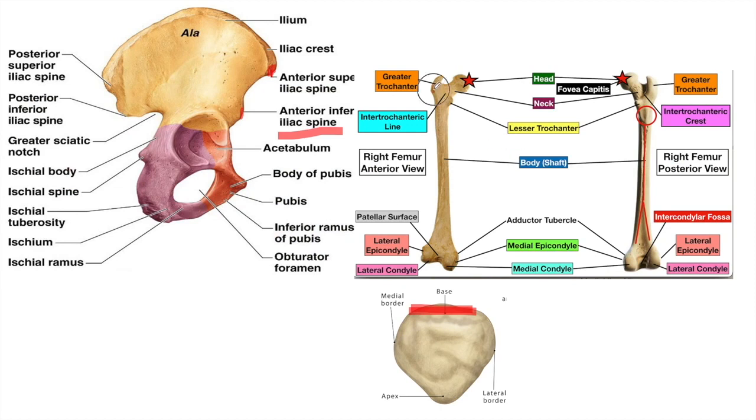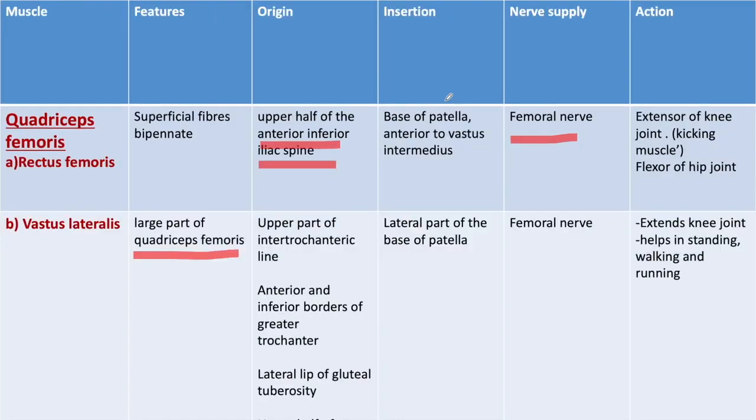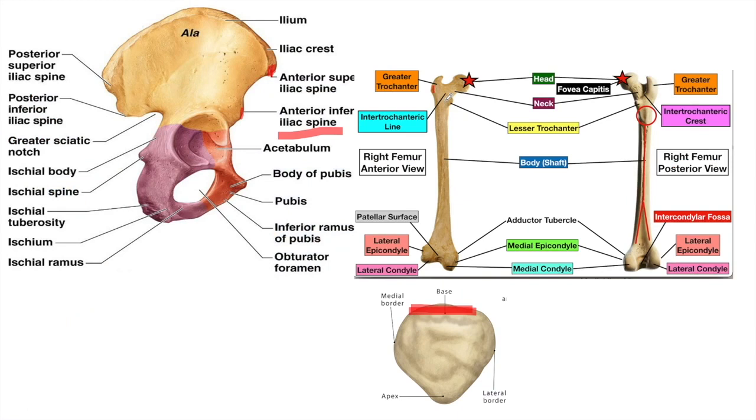This is the greater trochanter and this is the intertrochanteric line. This is the greater trochanter, this one is the lesser trochanter. In between there is a line, that is the intertrochanteric line.